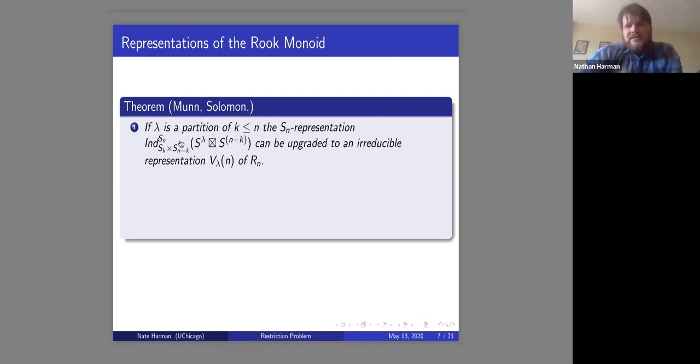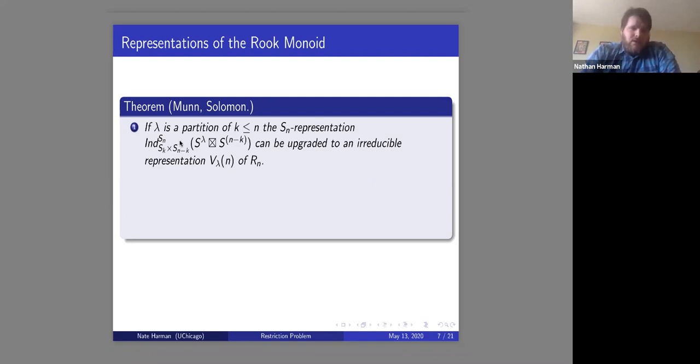But it turns out that this induction, you can upgrade it to be an irreducible representation of this Rook monoid. It's not irreducible as a symmetric group representation, but now you have these extra maps coming from the lower rank elements of the Rook monoid, and that turns this induced representation into an irreducible.